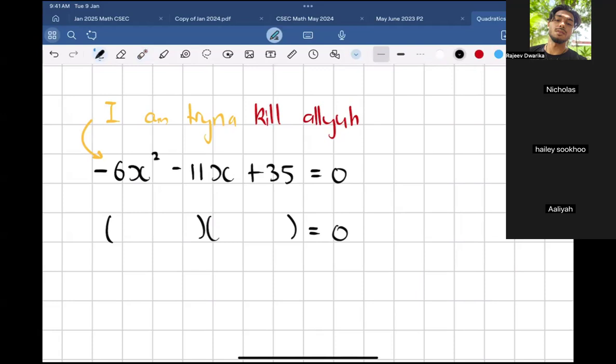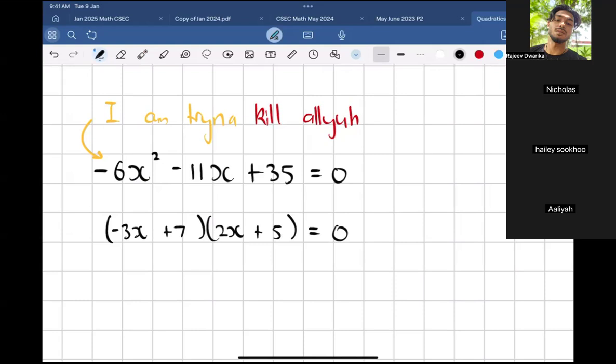So we're looking at the first term. Pick something for the first term. Minus 3x and 2x. Okay, and then pick something for 35. 7 and 5. Okay, whatever.